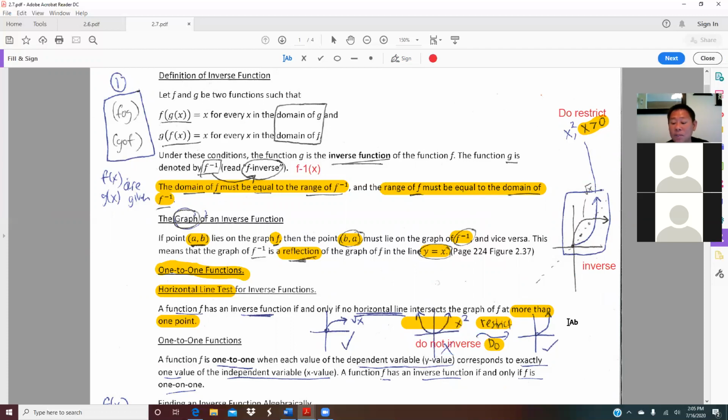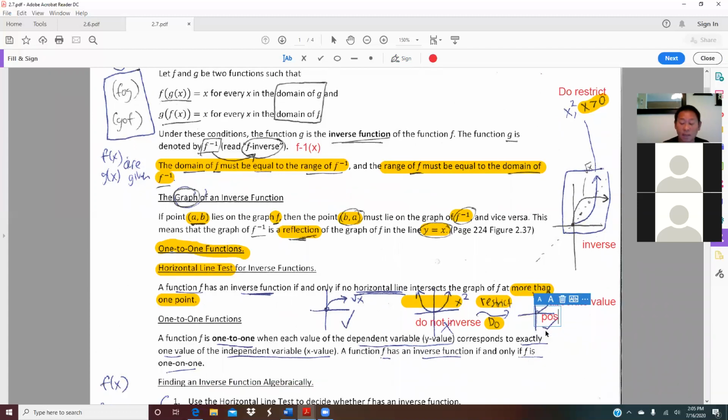Same thing with absolute value. The graph is a V shape, and you have to restrict the domain by half. And do not forget that if you take this half, your x is positive. So this is the positive side, and that's why your square root is going to be positive. But what happens if you take the negative side?